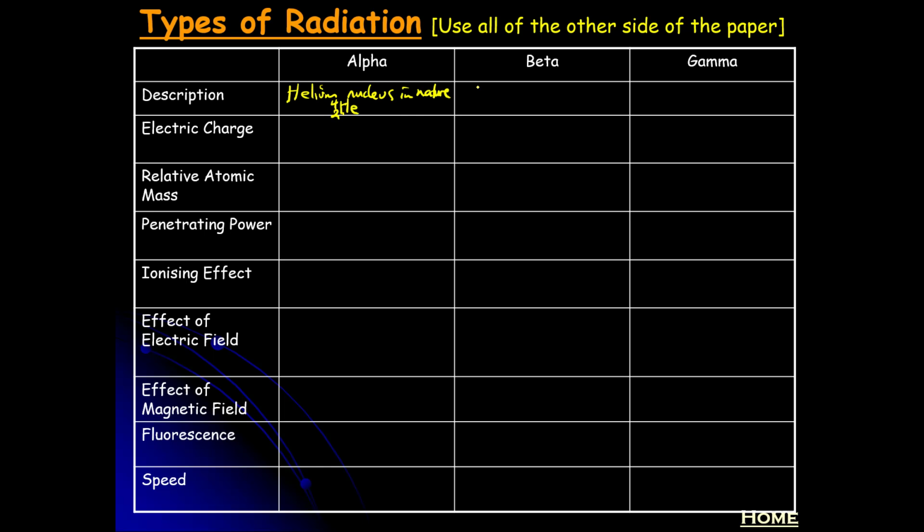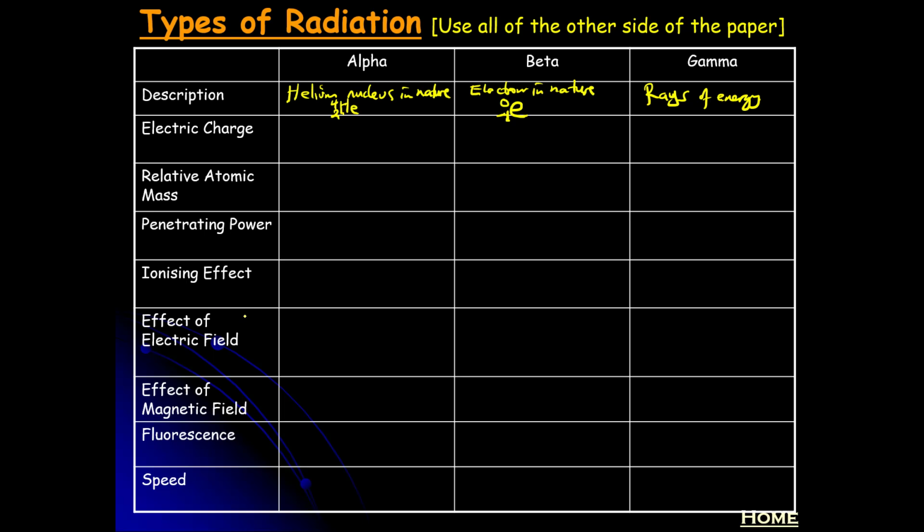And then a beta particle is an electron in nature. Fast moving, it is an electron in nature, and we represent it using a letter E and -1 like that. Then gamma rays are simply radiations. These are just rays of energy.